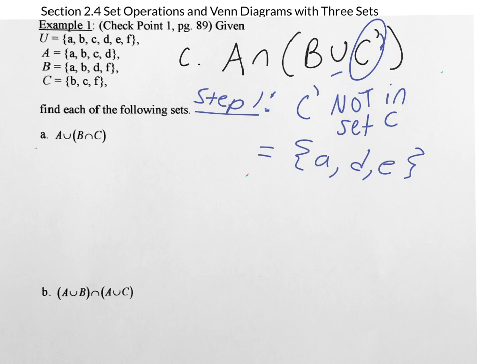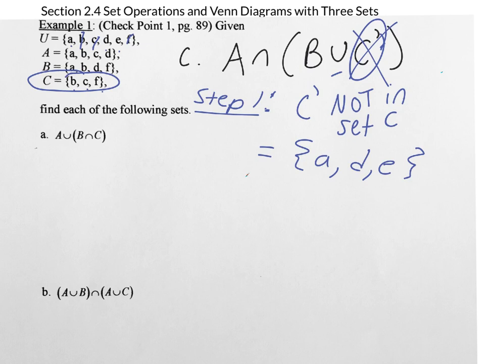So what's the opposite of set C? What's the opposite of having the letters B, C, F in it? It's A, D, and E, all the other letters in the universal set. So there's C complement. Done.